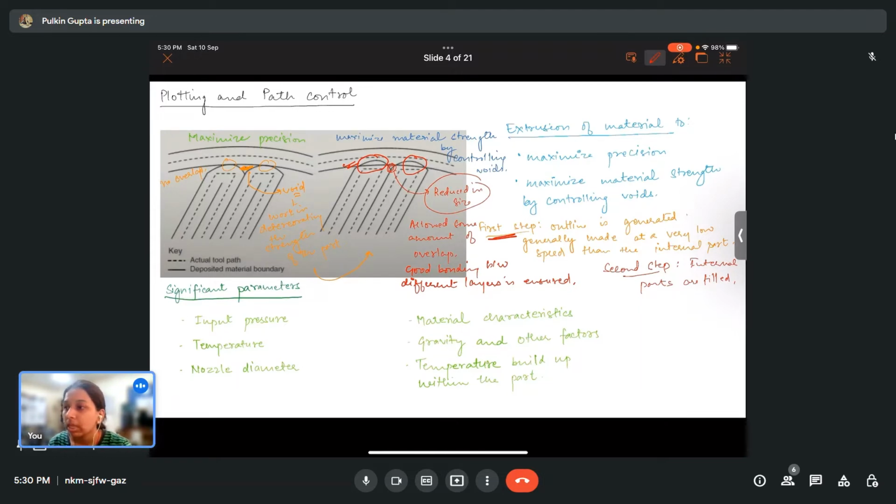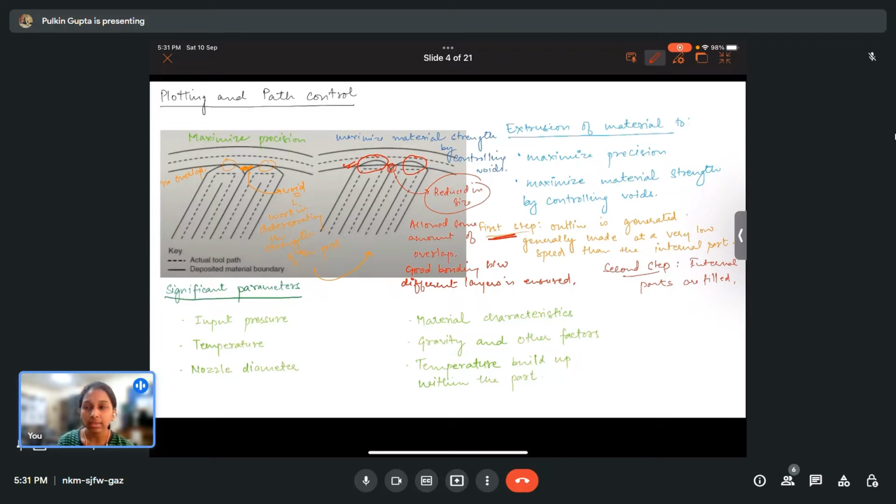Okay, so input pressure, this is changed more on a regular basis, and it is tightly coupled with other input control parameters. Okay, so when you change the input pressure, what changes? The speed of the filament going inside the liquefying chamber and coming out of the nozzle. So changing the input pressure will directly change the output flow rate.